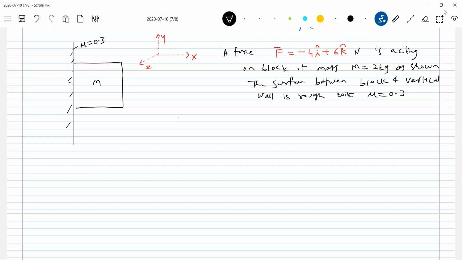We have to find the frictional force acting on the block. Even the direction is also asked to be mentioned.